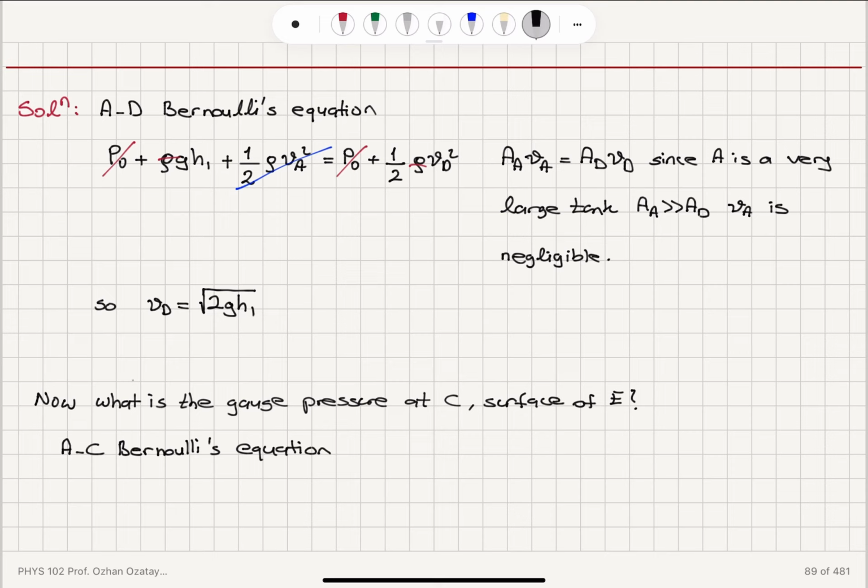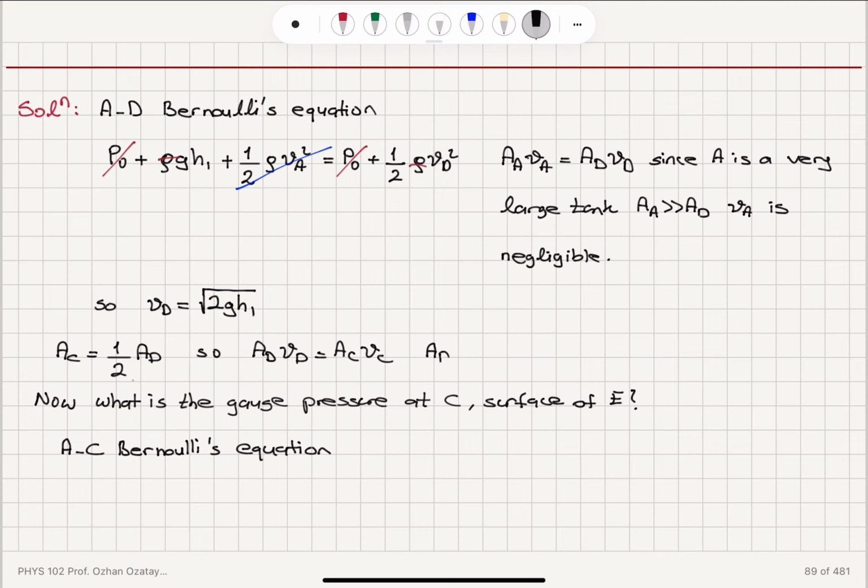Now the area of constriction C is half of the area of the pipe D. So again, the continuity of the flow, AD times VD is equal to AC times VC. The volume flow rate is the same.